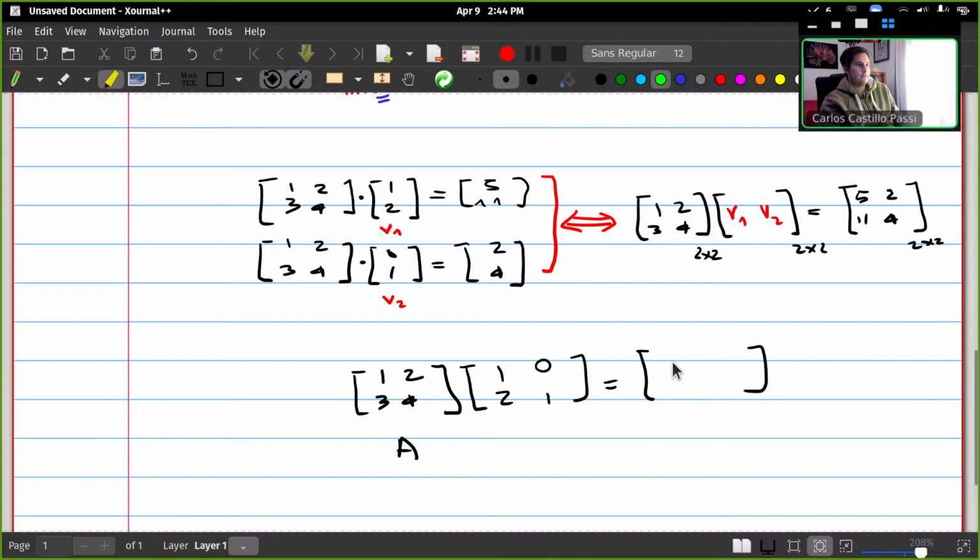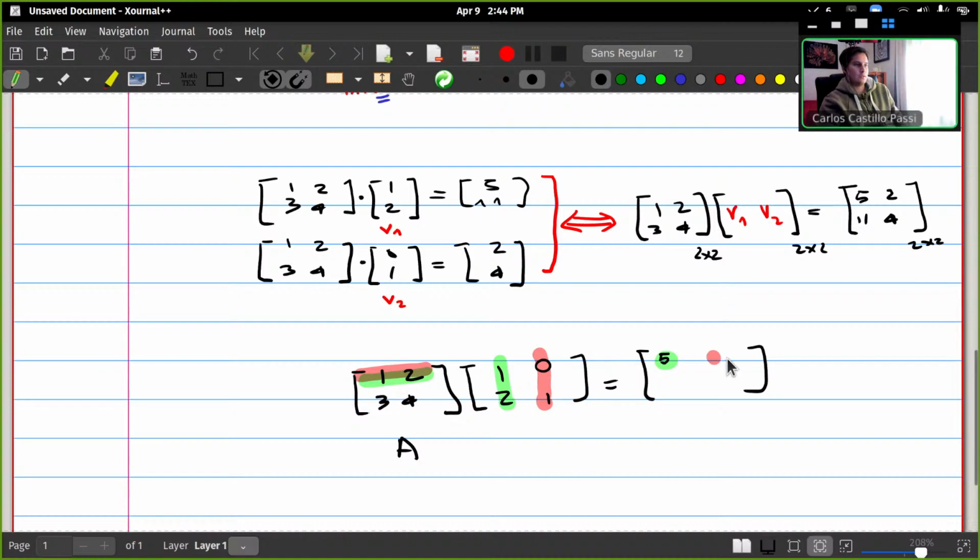The first element of this new matrix would be the dot product between the first row and the first column. So in this case, it would be 5. For this element, we need to do this row and this column.